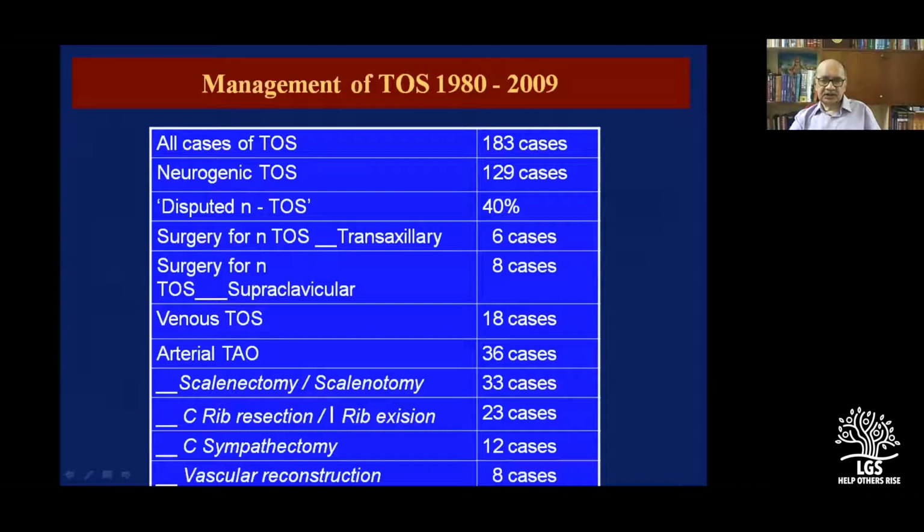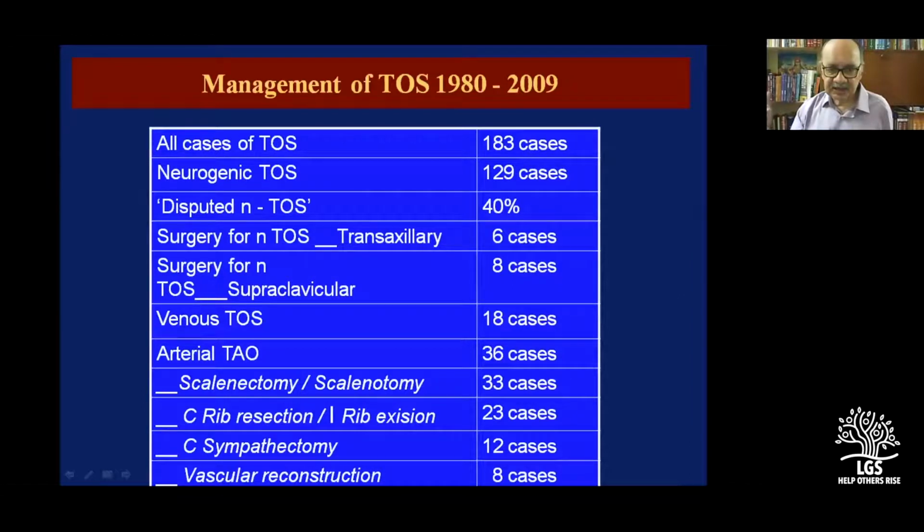In the last 3 decades, we were able to do 183 cases, and the number of vascular reconstructions included is roughly about 8 cases. So that tells you about the rarity of cases and the need for vascular reconstruction, because sternotomy can be easily done.